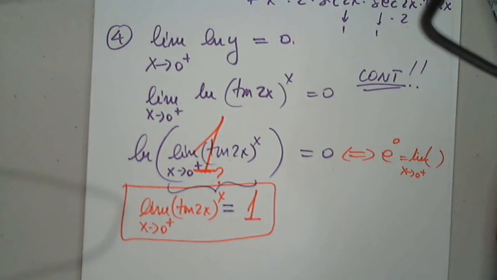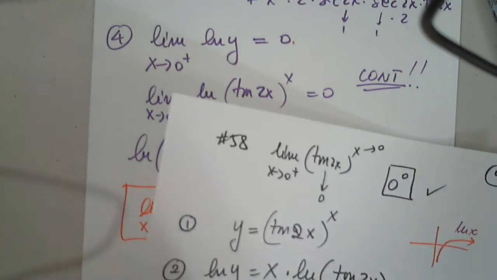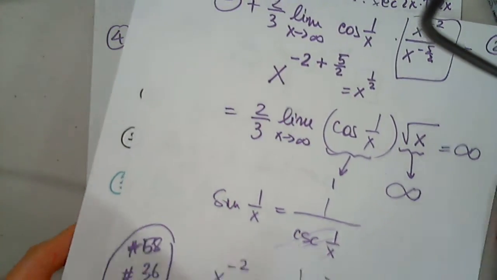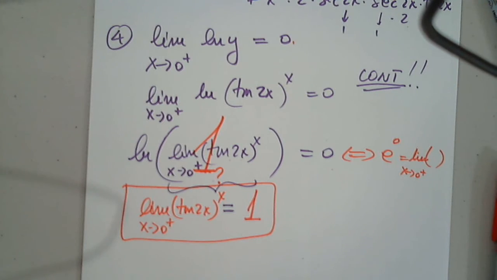Oh, I'm sorry, there was one more. Okay, so now we're looking at 36 in 4.3. Let me share my screen. Okay, so this was 4.4. We go to 4.3. 36.